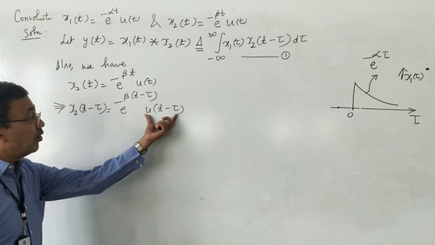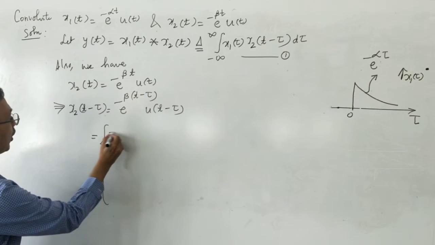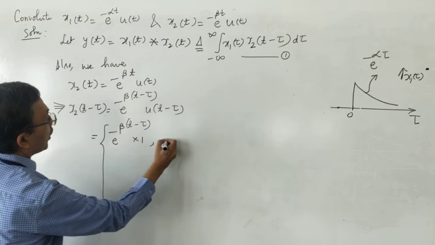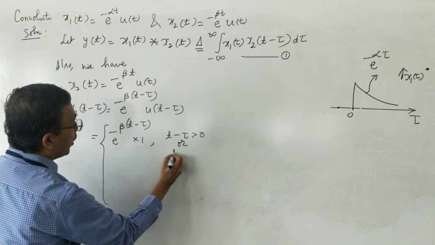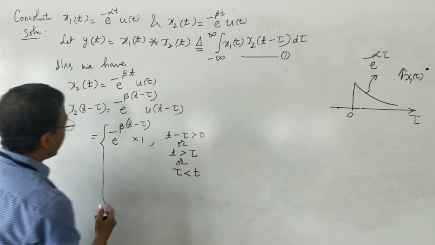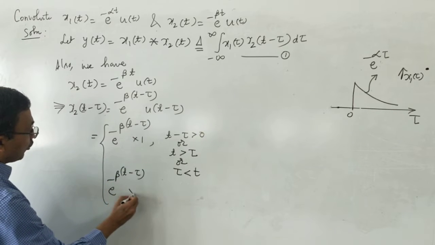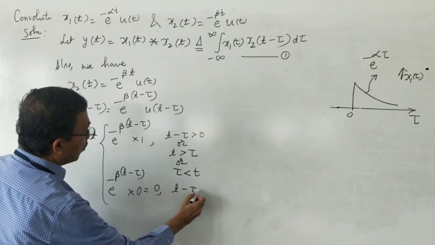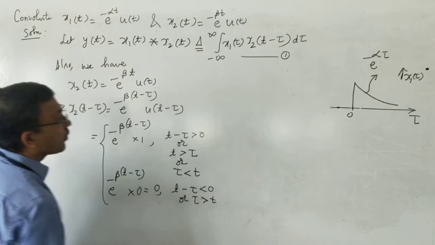Again, u of t minus tau is either 1 or 0. So this is nothing but e to the power minus beta into t minus tau into 1 for t minus tau greater than 0, or t greater than tau, or tau less than t. E to the power minus beta into t minus tau is multiplied by 0, gives the result equal to 0 for t minus tau less than 0 or tau greater than t.